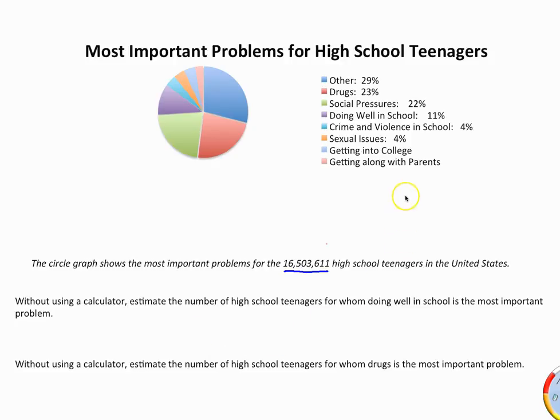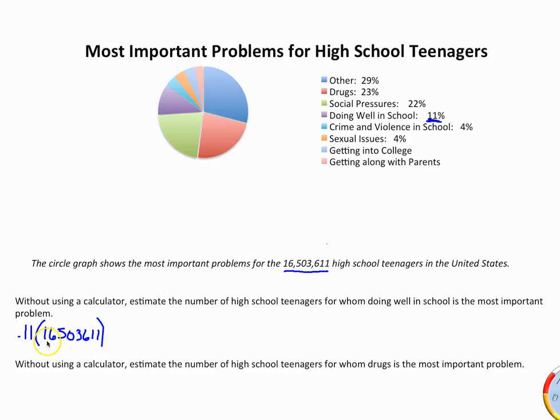All right, well, when I come up here and look at doing well in school, I see that that's 11% of our teenagers. So if I wanted to know the exact number of high school teenagers who thought doing well in school was their most important problem, it would be 11% of the 16,503,611 high school teenagers.